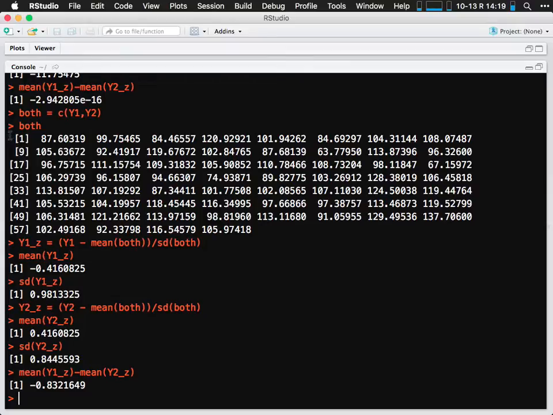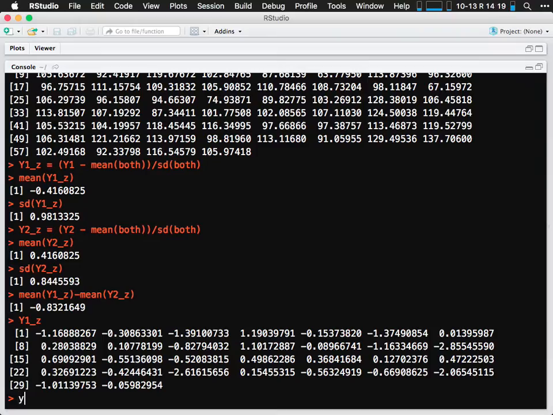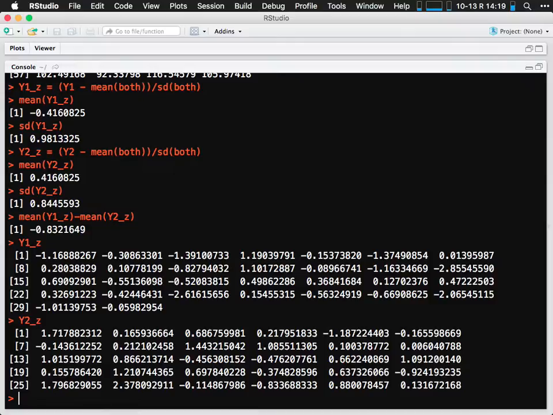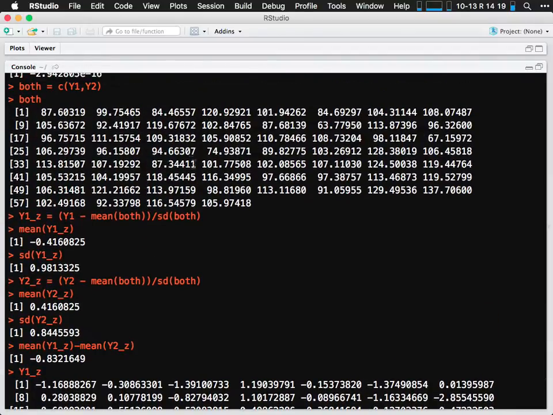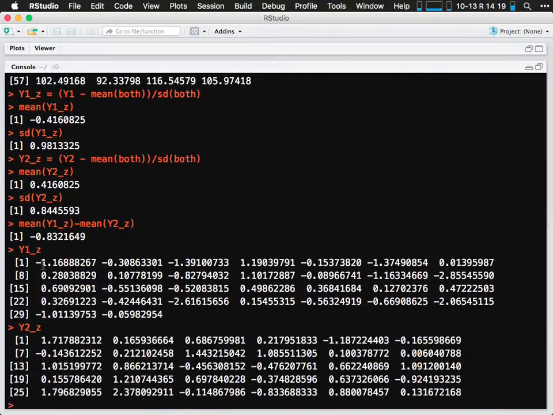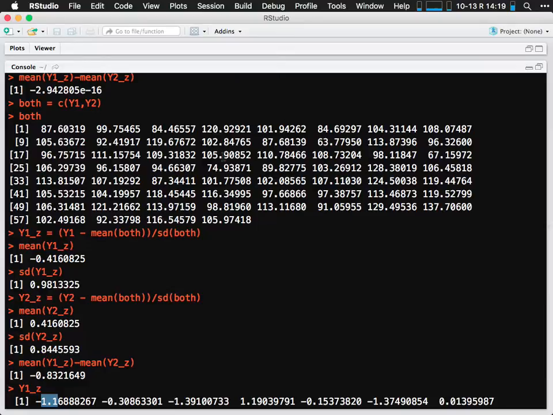Let me actually just type out y1 z, y2 z. Okay, so there's all our numbers now, having been z-transformed. So this number means it's 1.1 standard deviations away from the mean of all the groups, where the standard deviation is how variable all the scores are in the first place.